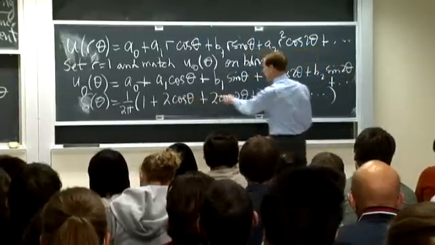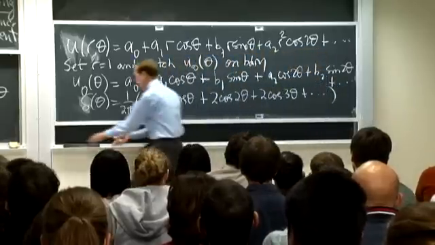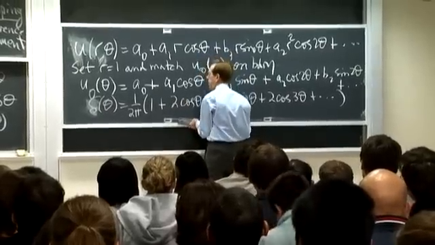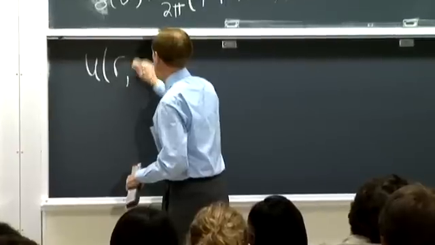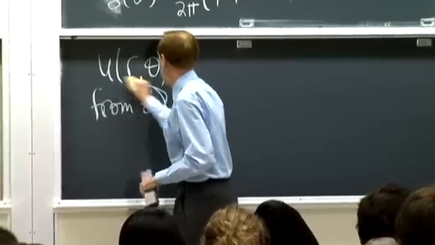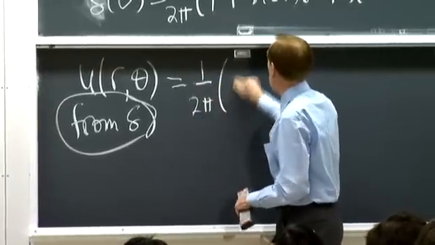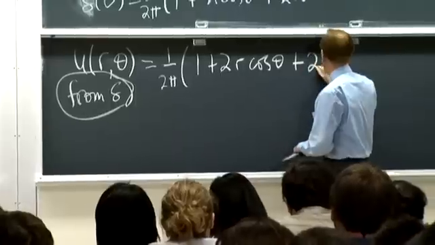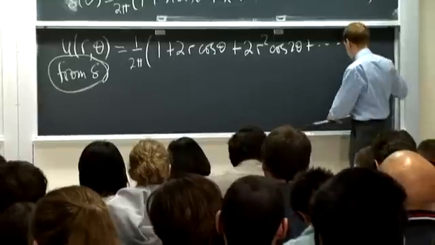If this is what it's supposed to match when r is 1, then so the u of r and theta from the delta guy is just put in the r's. 1 plus 2r cos theta and 2r squared cos 2 theta and so on.